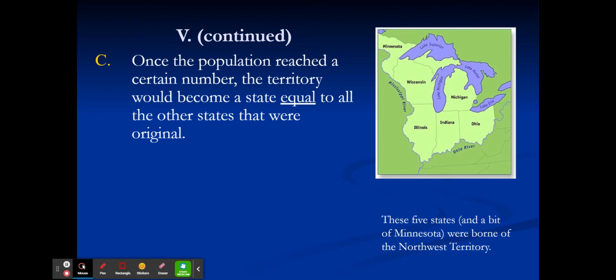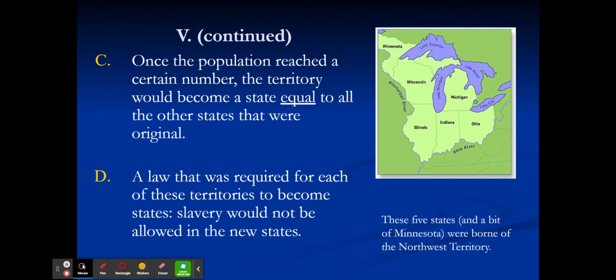One other thing it did in the Northwest Ordinance, this is really important. It passed a law as a part of this Northwest Ordinance that required each of these states to not allow slavery when it would become a state.